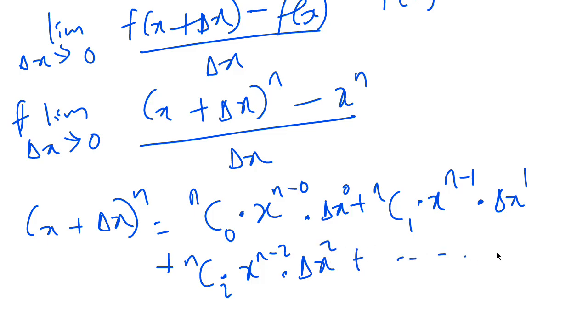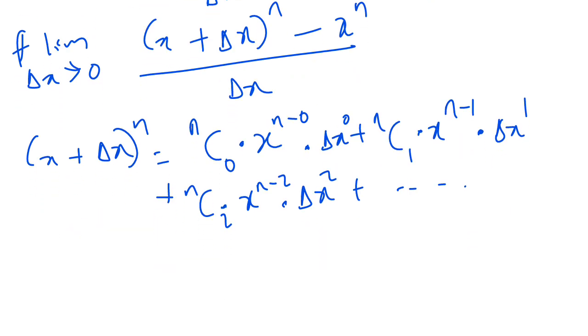But why do we have the right to stop here? Remember that if after simplifying you have change in x at the end, what happens? Anywhere you see change in x, you substitute 0.